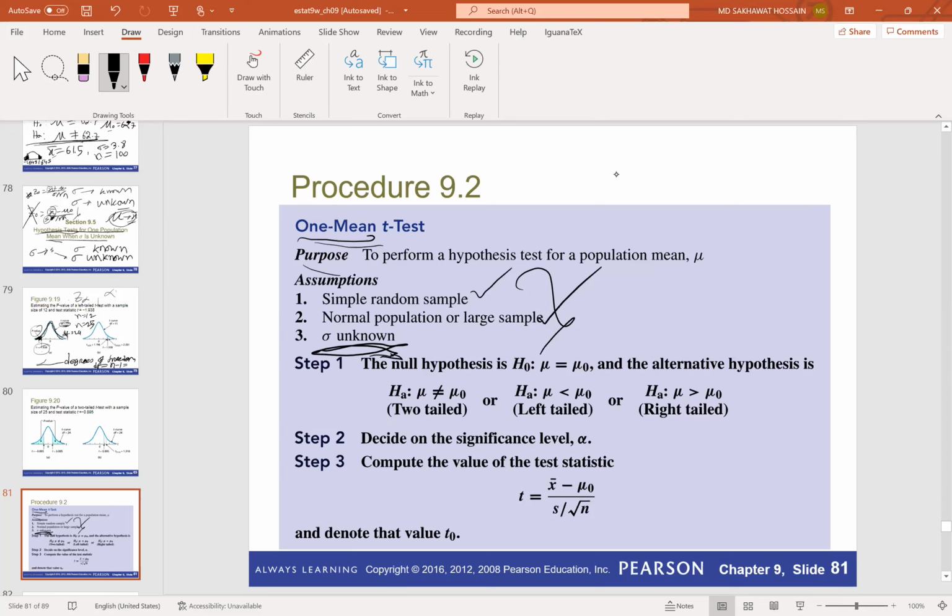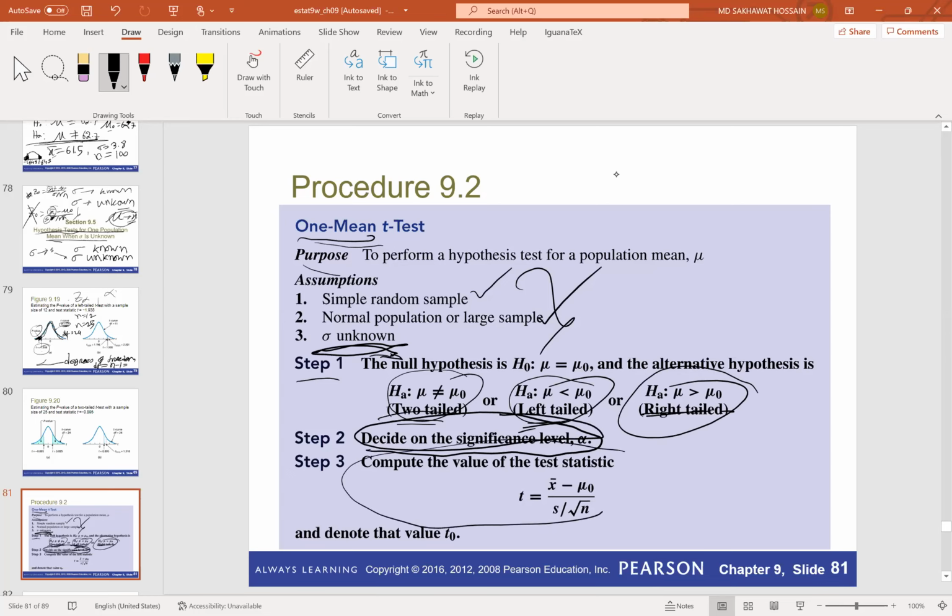So the steps are similar. First, you need to write the hypotheses. If the alternative is not equal, then it is two-tailed. If it is less than, then it is left-tailed. If it is greater than, then it is a right-tailed test. Step 2, decide the alpha value.